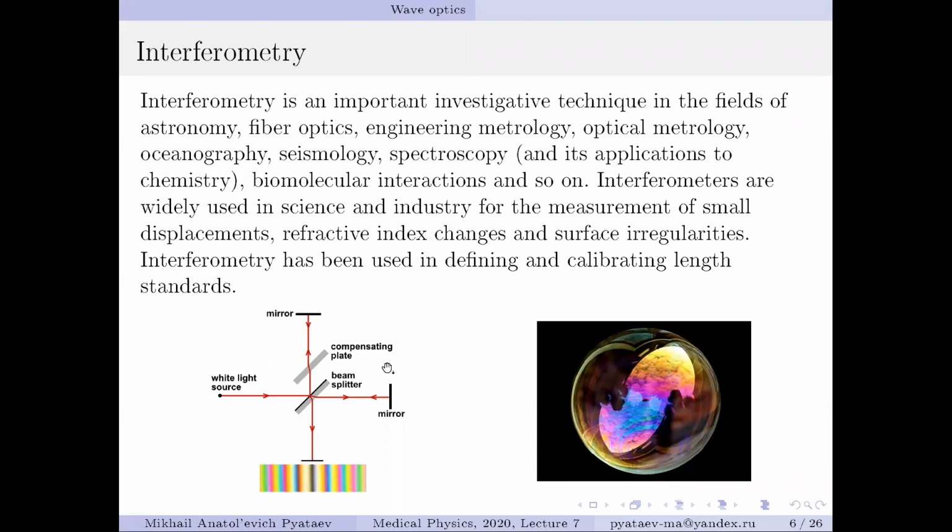And another phenomenon which is related to interference is the appearance of rainbow colors in objects like a soap bubble, like other thin films. This thin film interference leads to the appearance of rainbow colors on the film.